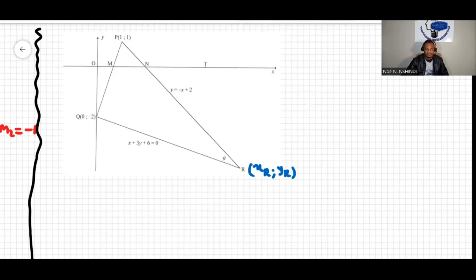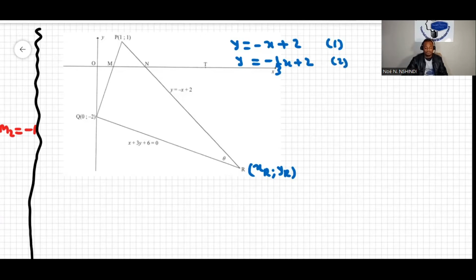the two equations, working them out simultaneously. One is given by y equals negative x plus 2, and the other, remember we wrote it in the form of y in the previous question, was given by y equals negative 1 over 3 x plus 2. So this is equation 1 and that is equation 2.